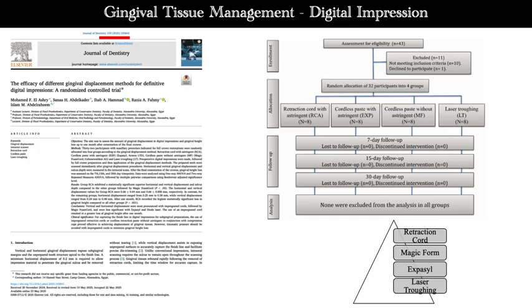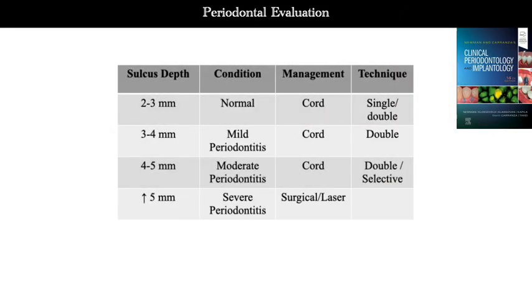The study is quite good, and it is published in the present issue of the Journal of Dentistry. Go through it. It's a beautiful article, and you'll have a proper idea of how to deal with digital impression and gingival tissue displacement. The previous SOP was also taken from this study.